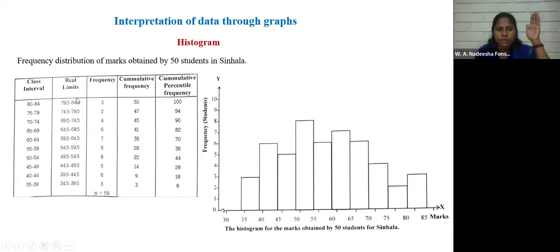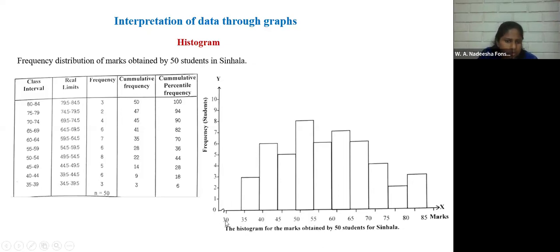Then, based on real limits, we go for the histogram. For a histogram we draw continuous bar graphs. The x-axis is taken as real limits and the frequency is the y-axis. Here the maximum frequency is 8, therefore it's enough to go up to 10. The lowest limit is 34.5 and the highest limit is 84.5, so no need to go from 0, which is why there is a cut here.